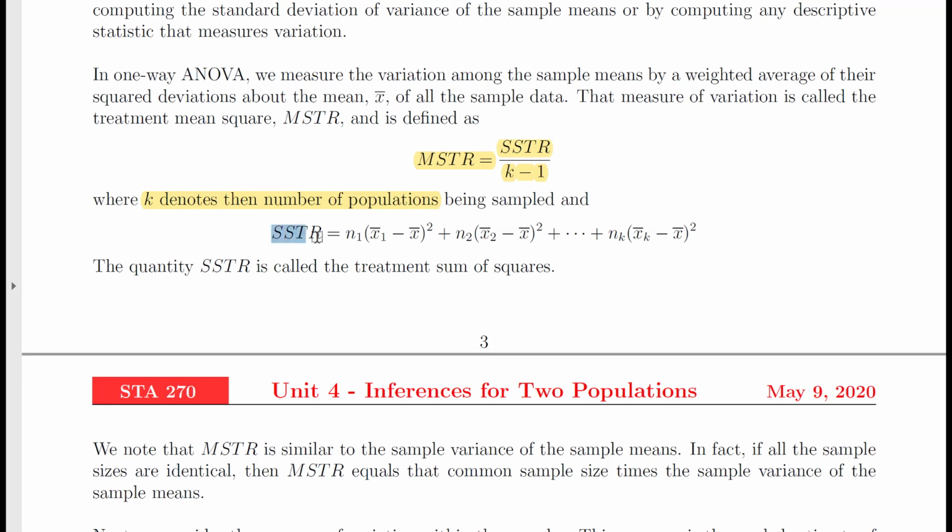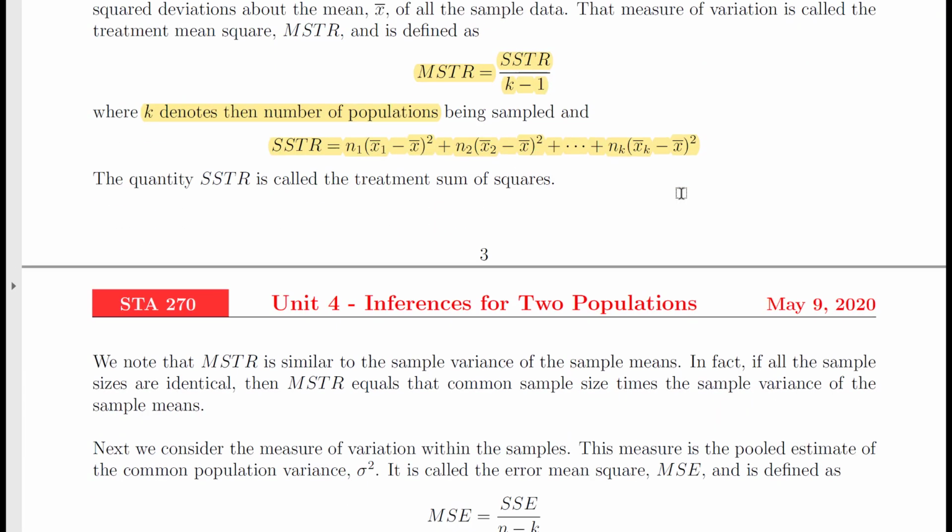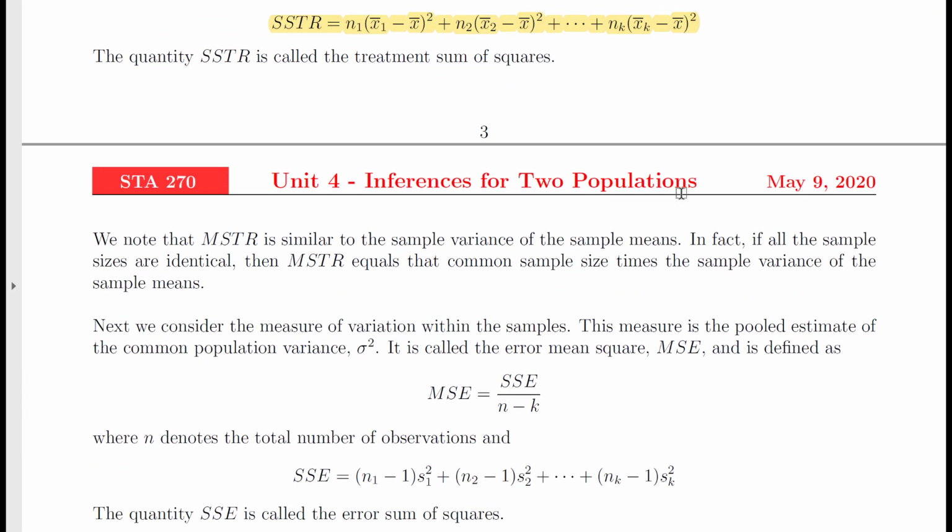SSTR can be calculated by taking each individual sample size times the difference in the sample mean and the overall mean of the samples, the quantity squared, plus you repeat that process for each individual population. And to compute that, we're going to see that here on Google Sheets in a minute. It's very easy if you use Google Sheets. If you use the formula, you have to be very, very careful about where you enter your values.